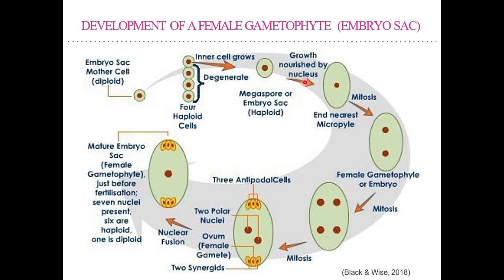It will undergo mitosis 3 times, first mitosis, second mitosis, and the third mitosis, and then this will form 3 antipodal cells, 2 polar nuclei, 1 ovum, and 2 synergids. After nuclear fusion, this will become the mature embryo sac, which is the female gametophyte. Just before fertilization, 7 nuclei are present, 6 are haploid and 1 is diploid.